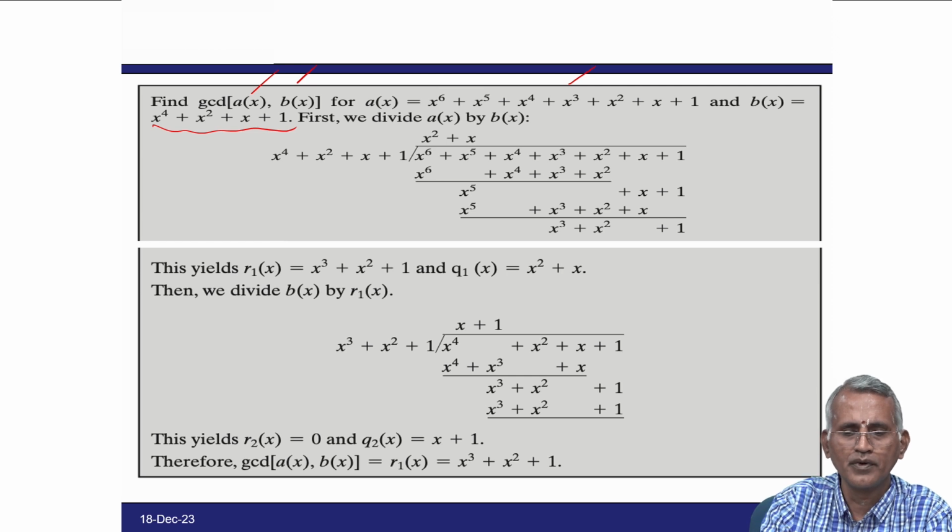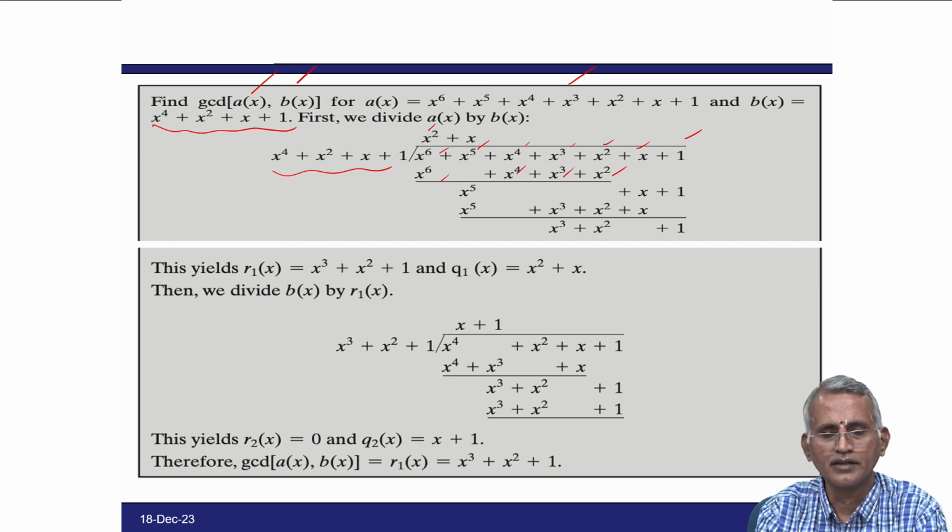Therefore, x power 6 plus x power 5 plus x power 4 and so on, divided by this term. First the possibility is x square, you take it, therefore x square into x power 4 is x power 6, x square into x square, x square into x, and then x square into 1 is x square, and then subtract them.